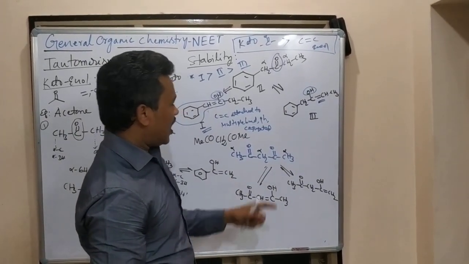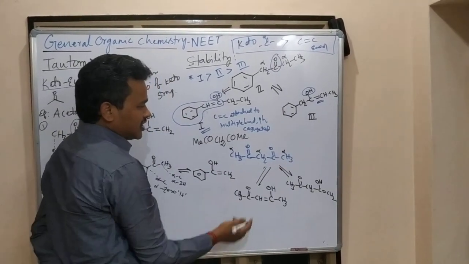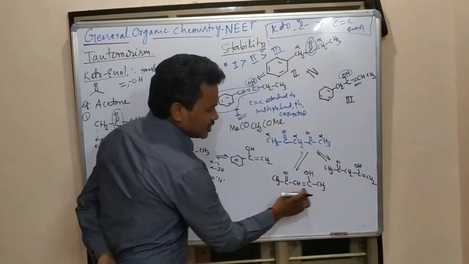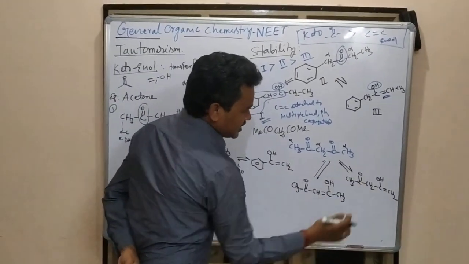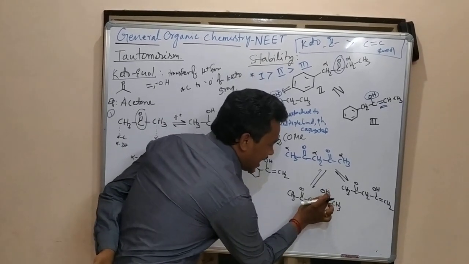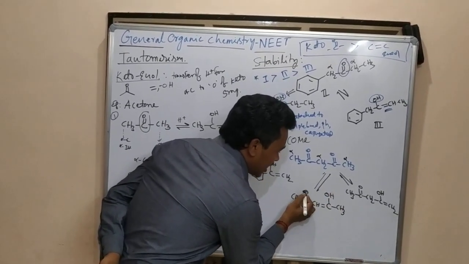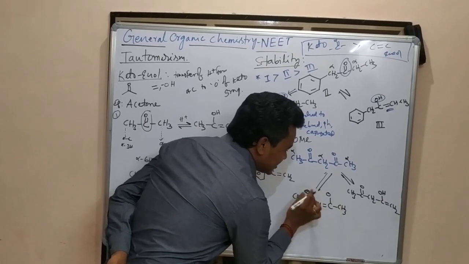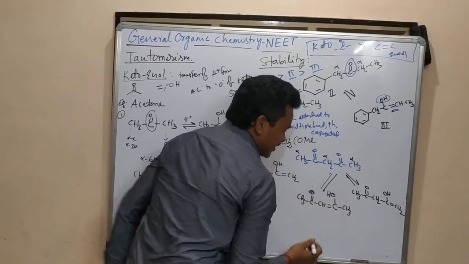Out of this, when you consider, this is the keto form and these two are enol forms. See that whenever you consider these forms, this hydrogen is there now. Observe carefully this oxygen and this hydrogen.